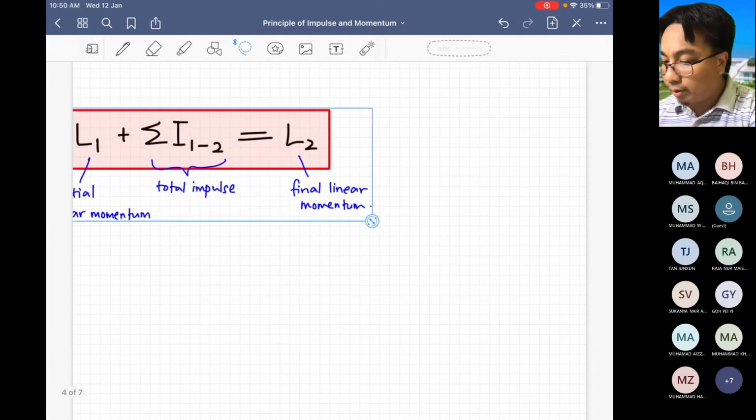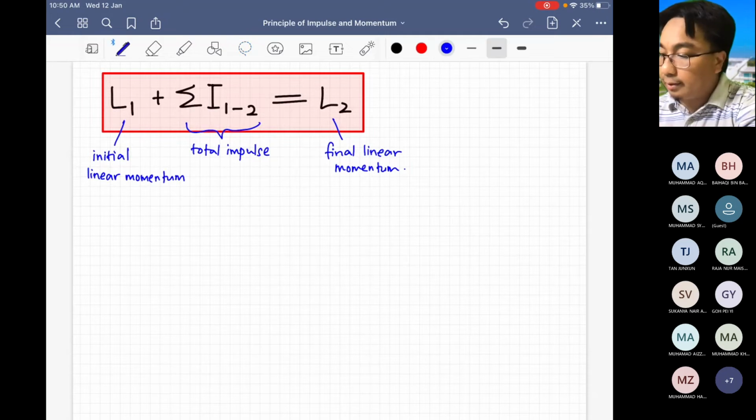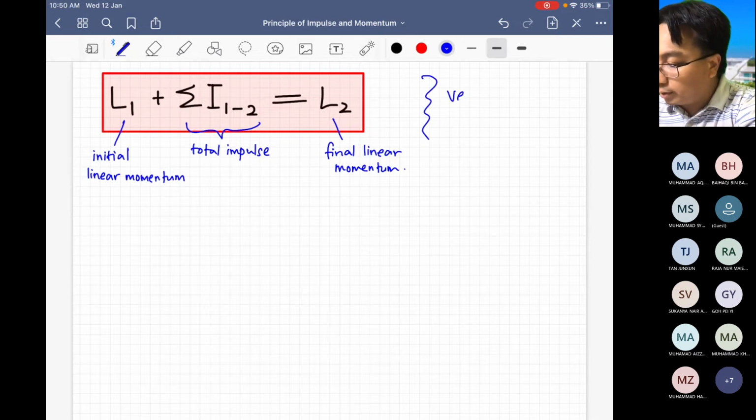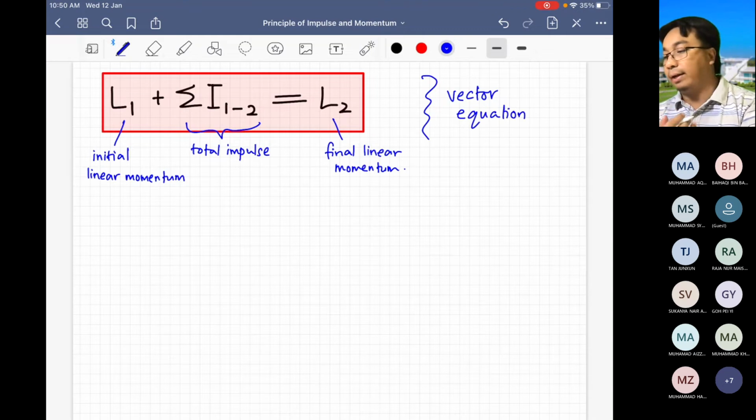Okay, so going back to the principle of linear impulse and momentum, this is a vector equation, meaning that it has magnitude and direction. Vector has magnitude and direction.